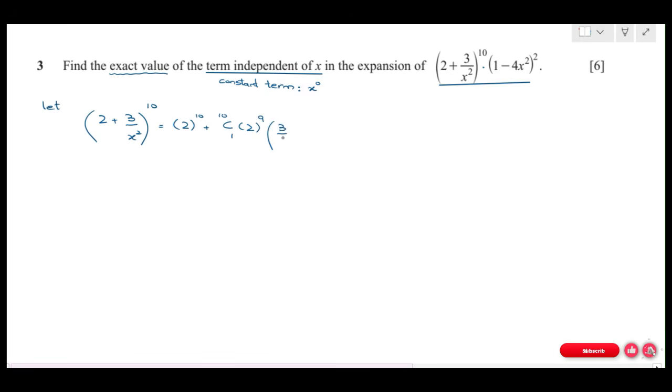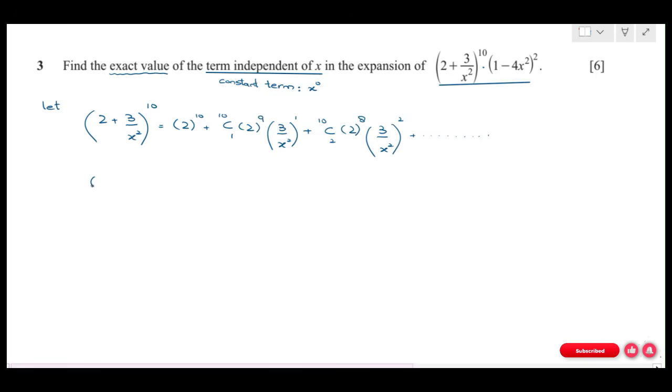We have 3 over x squared to the power 1 plus 10c2, 2 to the power 8. We have 3 over x squared to the power 2. So this is a constant term. This is the 1 over x squared term. This is the 1 over x^4 term. And then 1 over x^6, 1 over x^8, those terms.